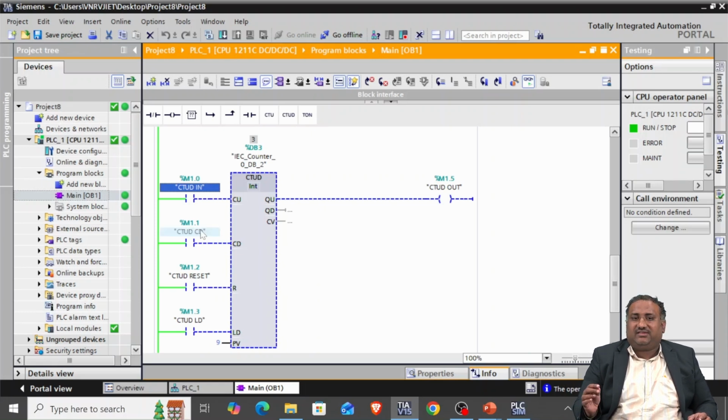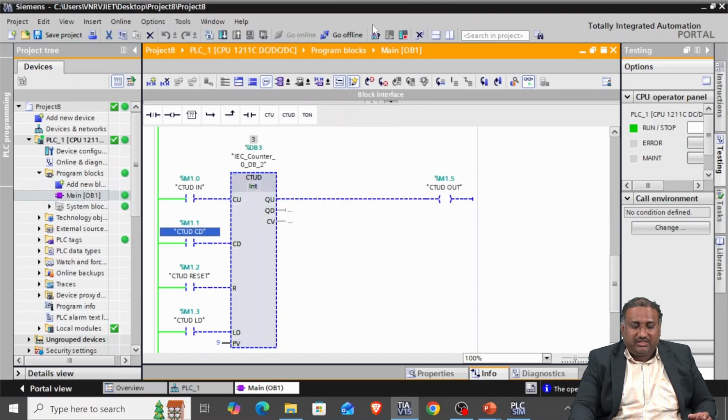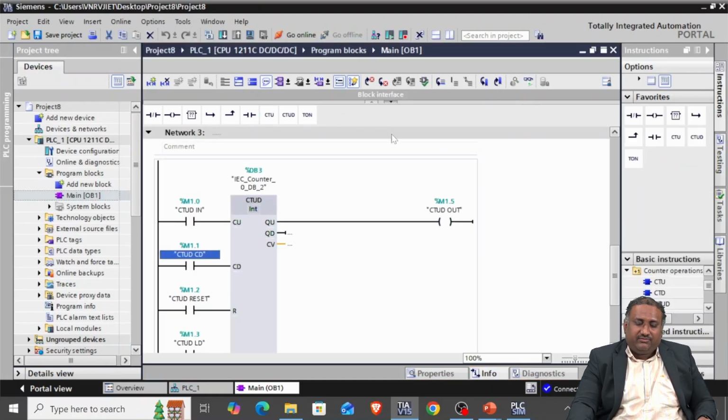I have placed a sensor whose address is connected to the down counter input. So when one item leaves the conveyor belt, this pulse signal will become high and then low, and you can observe that the cumulative value has changed from 3 to 2, which indicates that one item has left, and the 2 over here indicates the total number of items on the conveyor belt. So this is how we work with the up down counter.